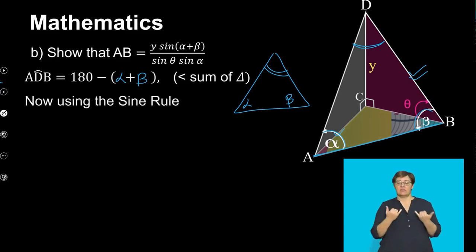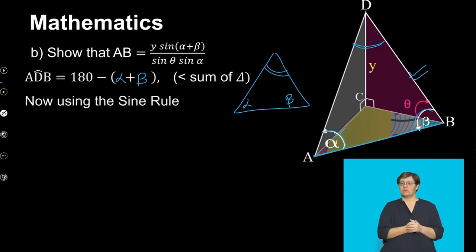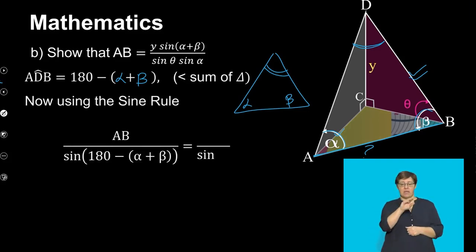Now we're going to use the sine rule in our triangle, and because we want to find AB, we're going to start off with AB over the sine of the angle across it. So it's sine of 180 minus alpha plus beta, because that's the angle across from AB.